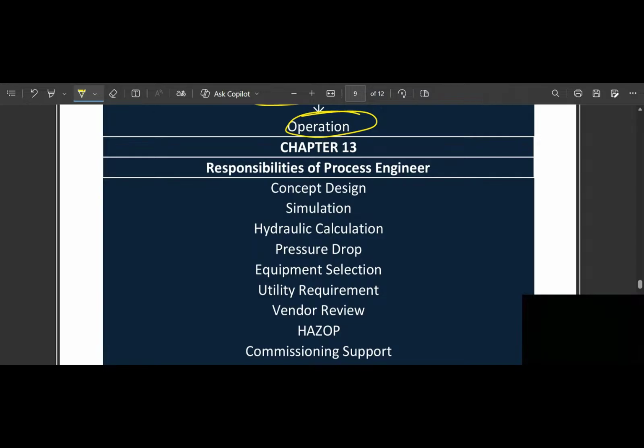So you should know your responsibilities as a process design engineer, and from the beginning what exactly process design engineers do.